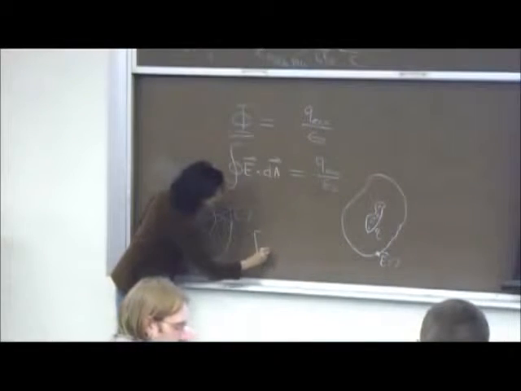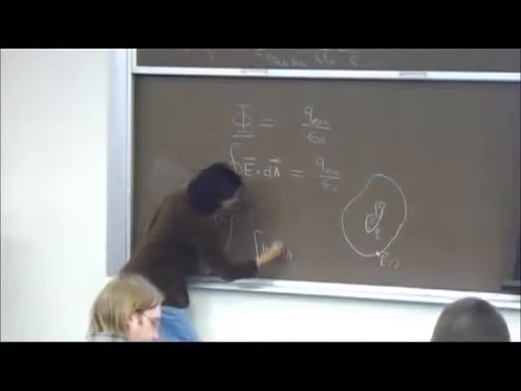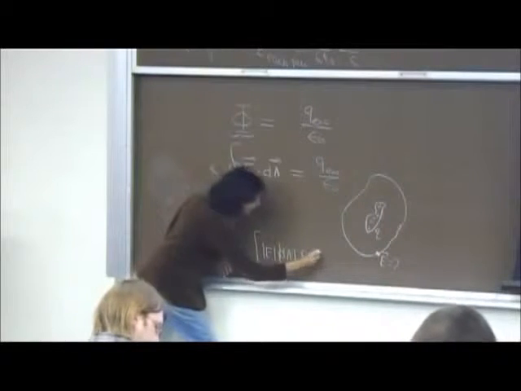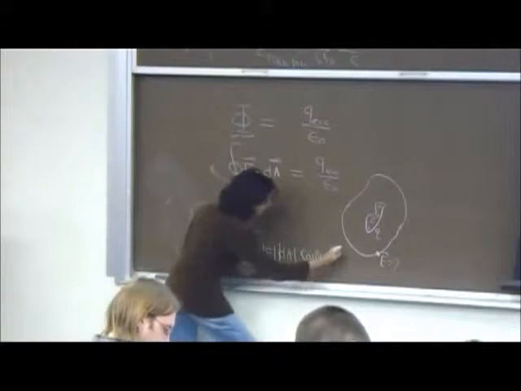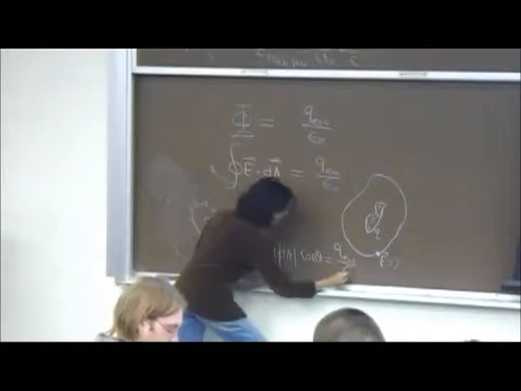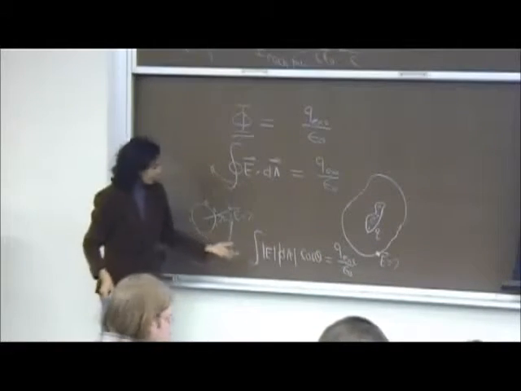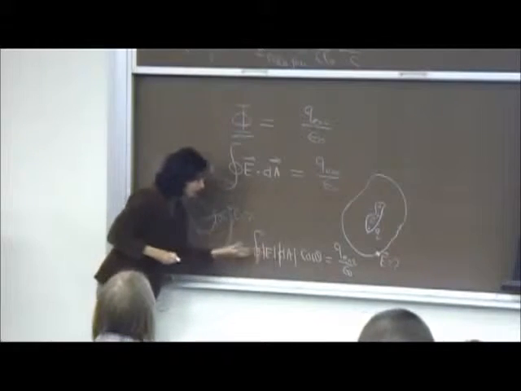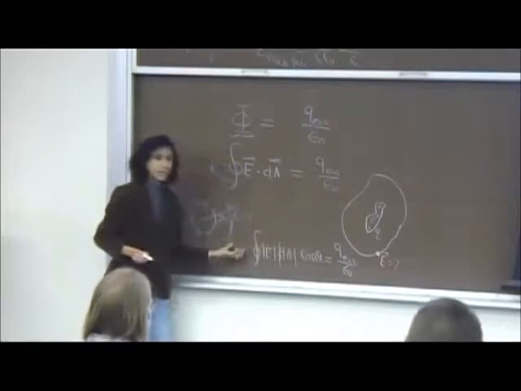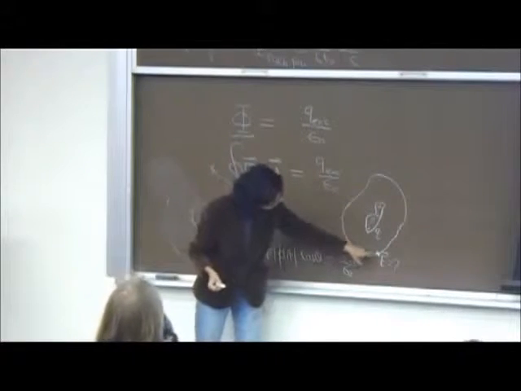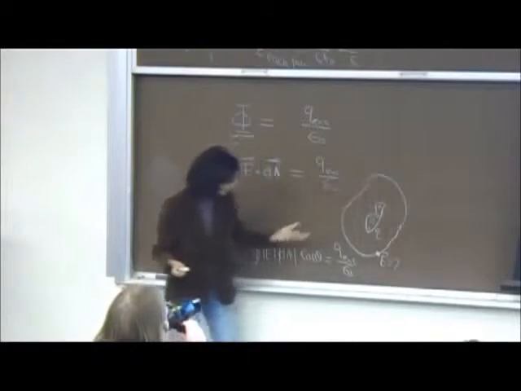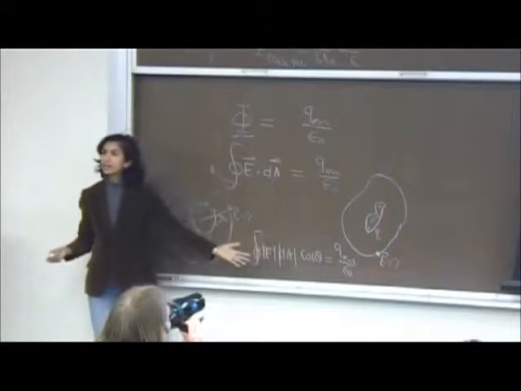This thing says this is integral E dA times cosine of the angle between the electric field and this infinitesimal area vector, and this is Q enclosed over epsilon 0. Now, suppose you cannot pull this electric field out, if you cannot pull this theta out because you cannot convince me that due to all these charges the electric field magnitude is the same at every point, this integral is a very hard thing to do.